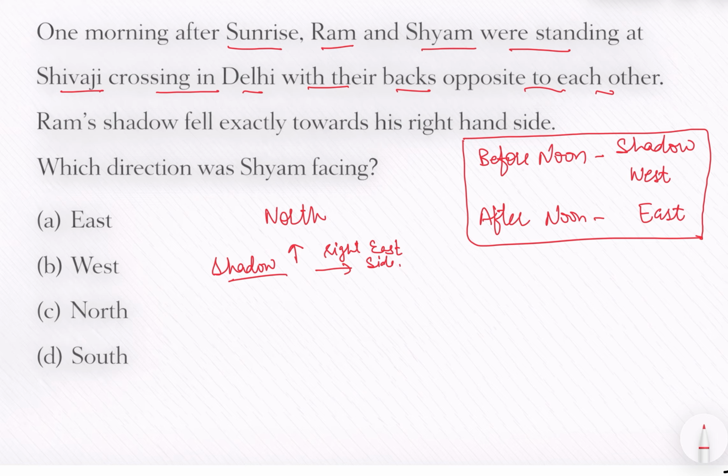So according to the question, we have two persons, Ram and Shyam, having their backs opposite to each other.